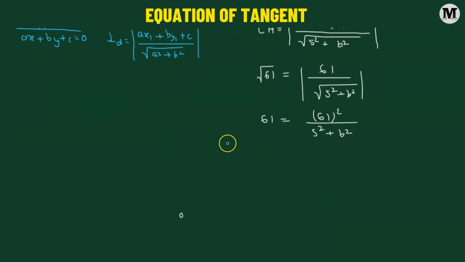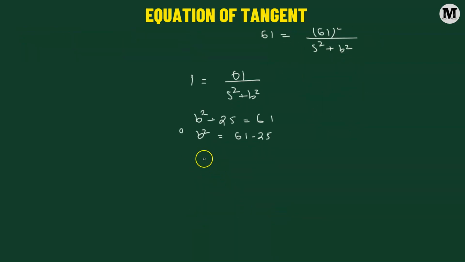Now we can factor out 61 from both sides, and that's going to give us 1 equals to 61 over 5 squared plus b squared. Cross multiplying gives us b squared plus 25 equals to 61. So b squared is going to be equal to 61 minus 25. So b squared is 36, which means that taking the square root we get plus or minus 6. So we have the corresponding b value.